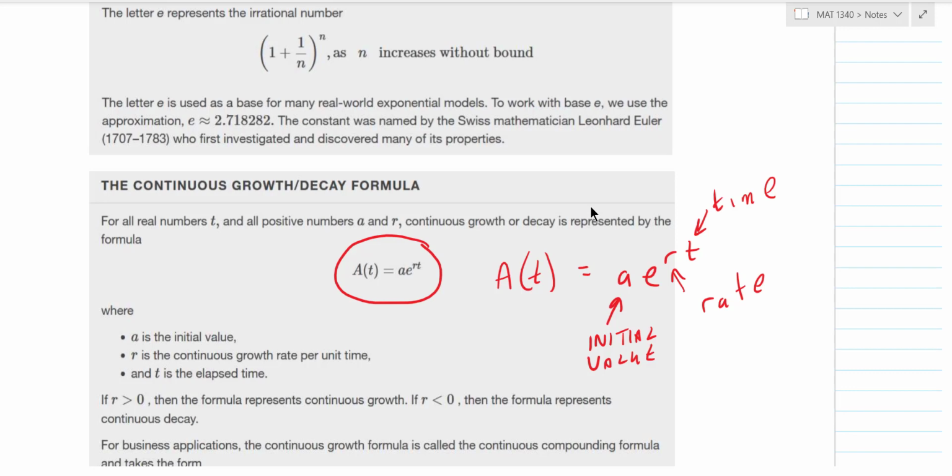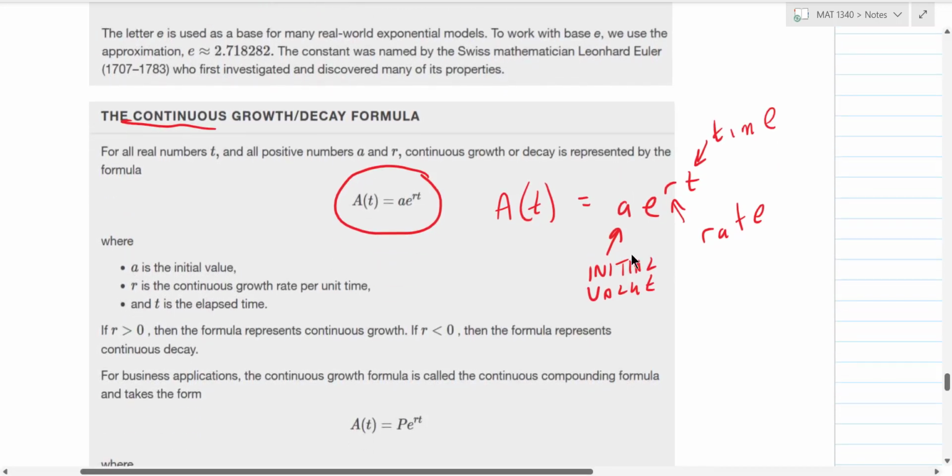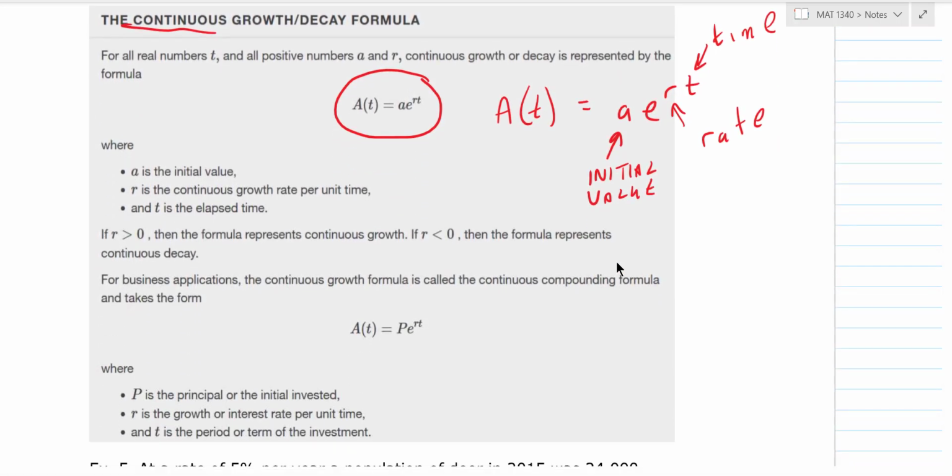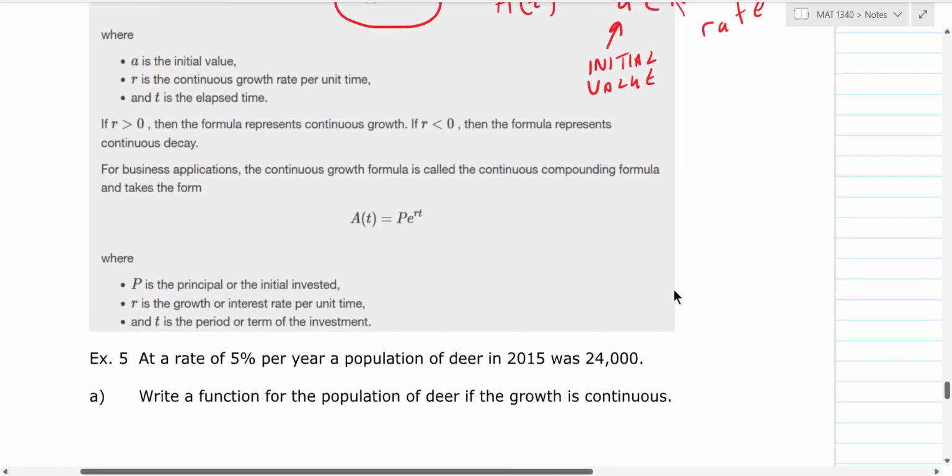What continuous means is that at every instant of time, we're doing interest or we're doing a rate, at every single instant of time, not secondly, not hourly, every single instant of time. Okay, so that's when you use this formula for continuous compound interest.